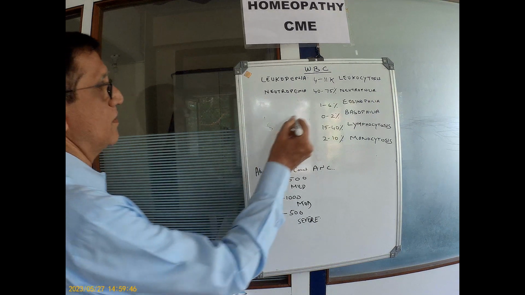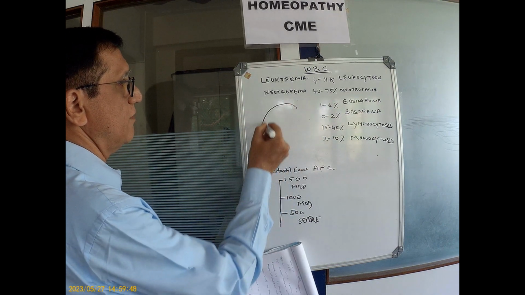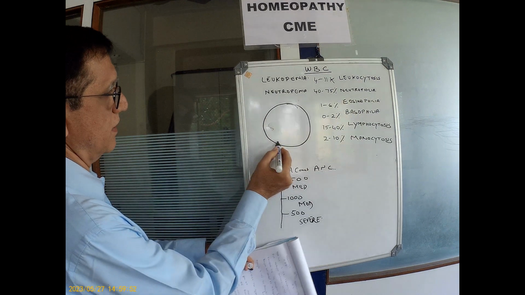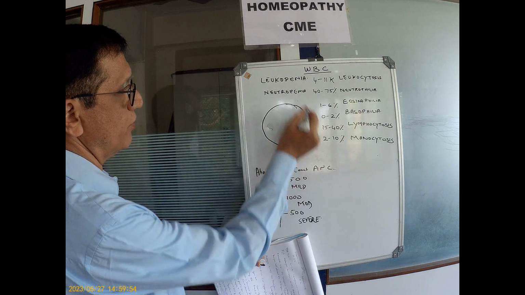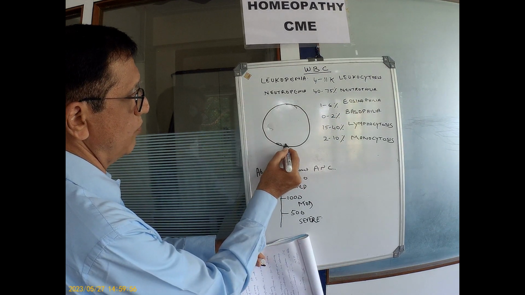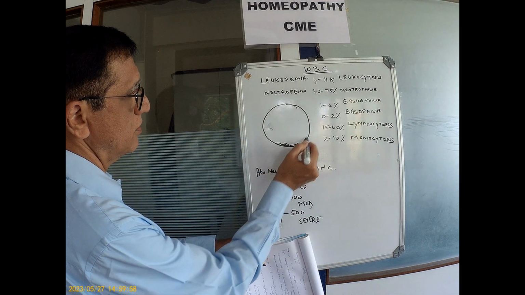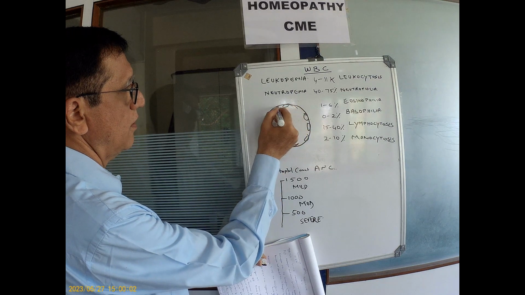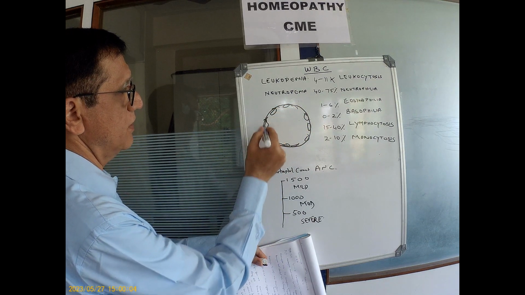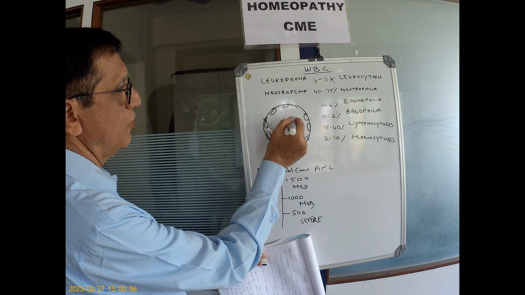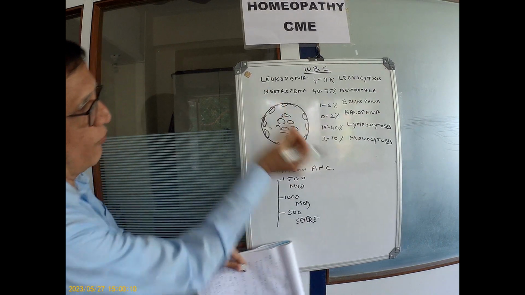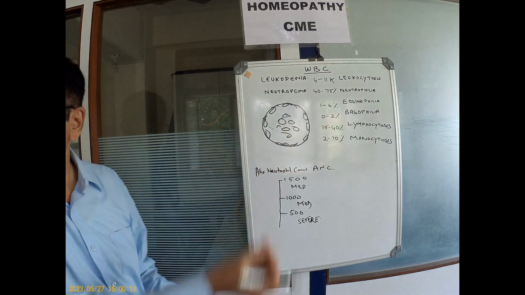If you take a cross section of a blood vessel, you see this is the endothelial lining. You'll see a lot of neutrophils attached over here, and a lot of neutrophils are free flowing with the blood, just flowing like water in a river.